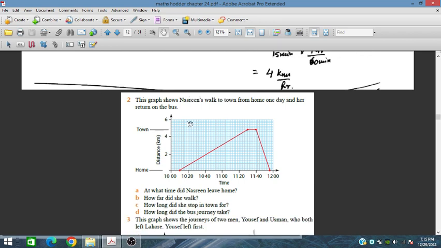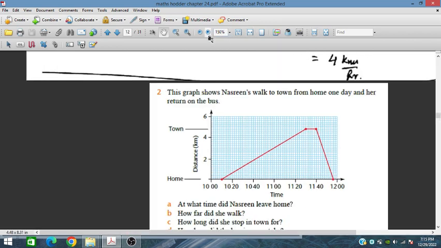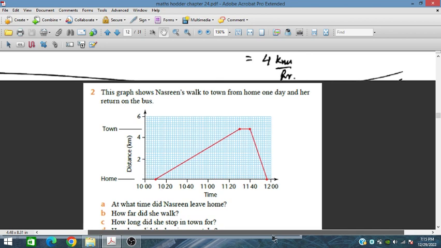Second, Nasreen walked to town from home one day and returned on the bus. So she walked to town, and this is the one-way journey, and this is the return journey on the bus. This is the up journey, this is the down journey.